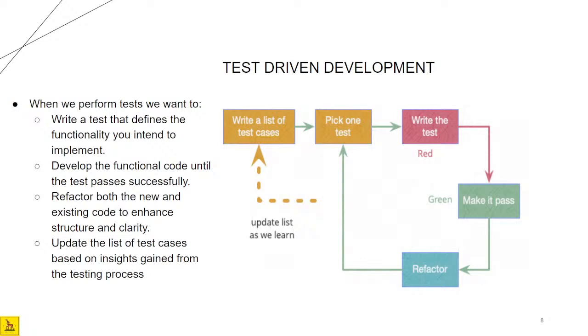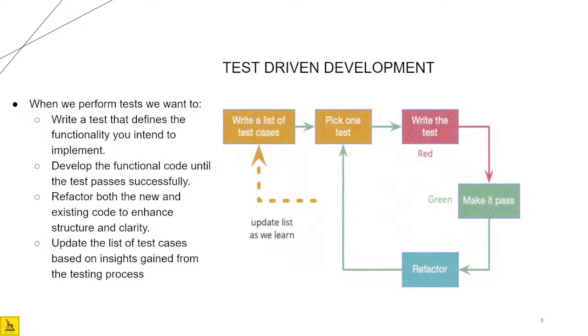Here, we're going to look at test-driven development. As we follow in our graphic right here, where it says write a list of test cases, from that list of tests we're going to pick one test. We're going to move on to writing the code for the test.